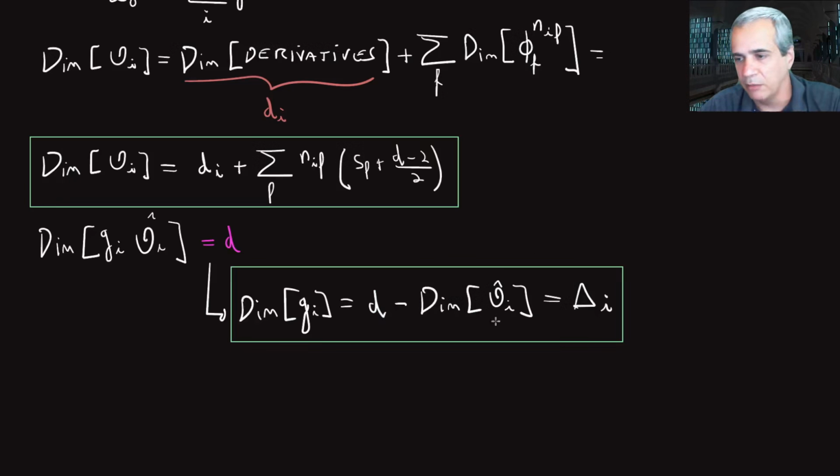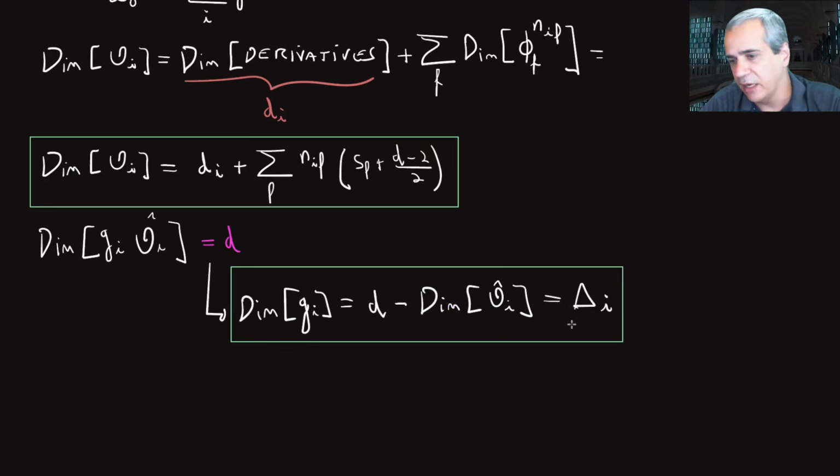So higher dimension operators lead to non-renormalizable theories. And the opposite is true: the lowest dimension operators are the safest ones from the point of view of renormalizability.